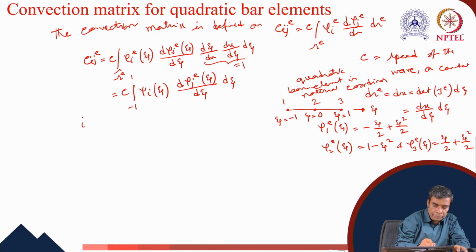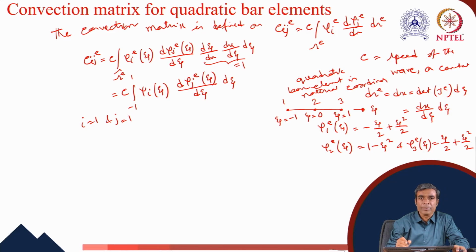Now we consider i equals to 1 and j equals to 1 for a quadratic bar element. The convection matrix will be a 3 by 3 matrix.